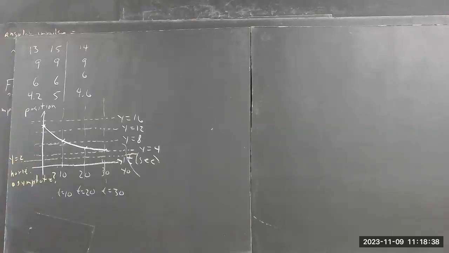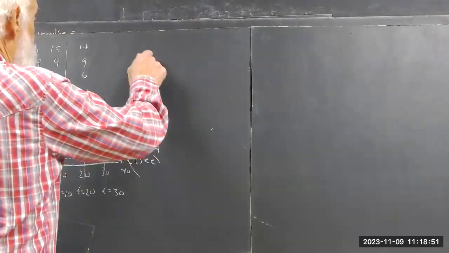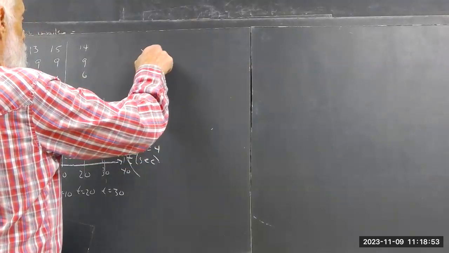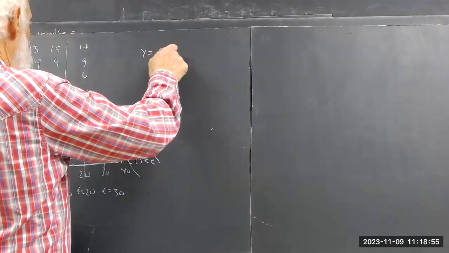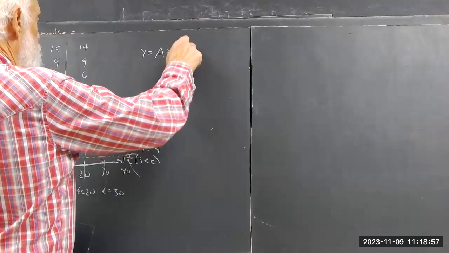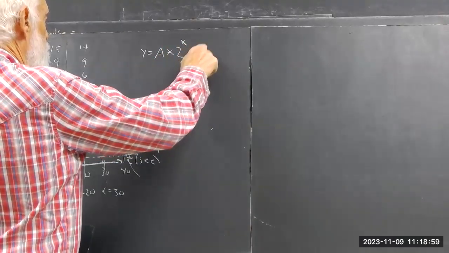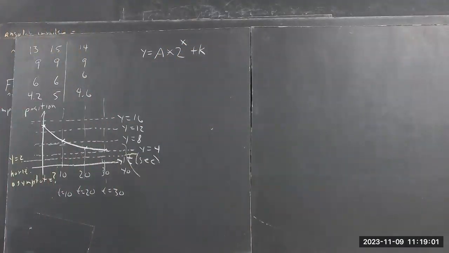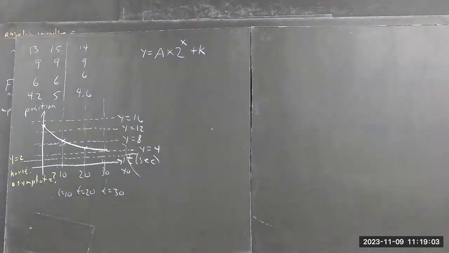Well, let's assume that this function is y equals a times 2 to the x plus k.